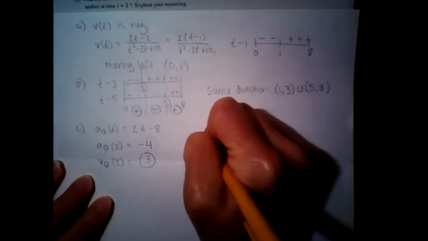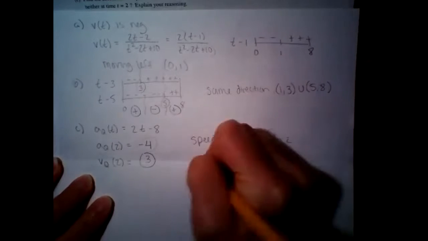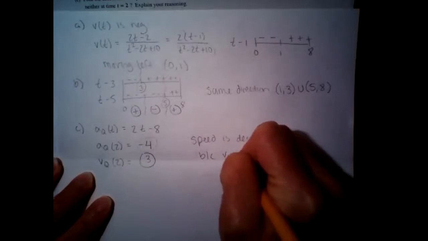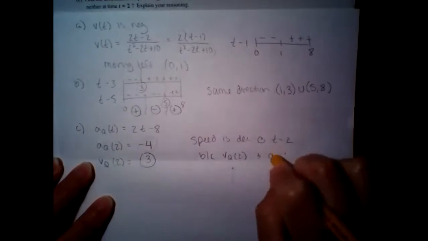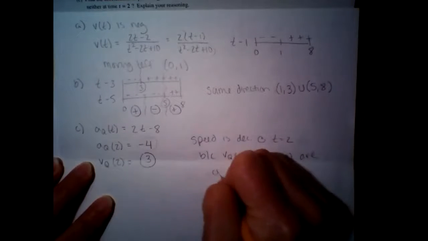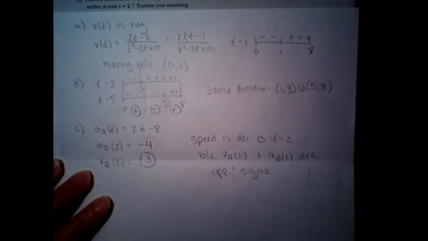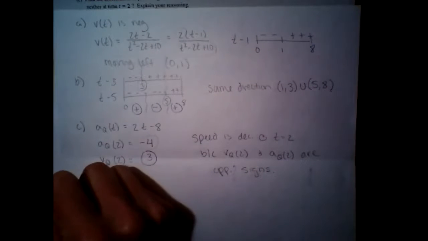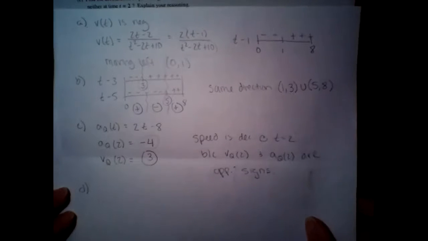So we would say speed is decreasing at time 2 because v of 2 and a of 2 are opposite signs. So just remember, when they ask you for speeding up or slowing down, you have to look at both velocity and acceleration. You can't just look at one, you have to look at both.